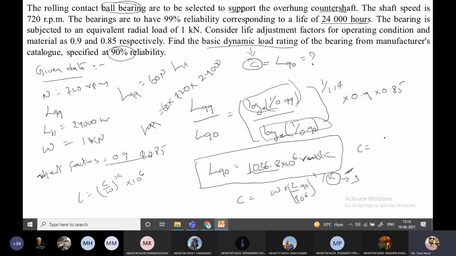So C value how much? The W value is given in the question as 1 kilonewton, so I am writing 1. L90 we got as 1036.8 into 10 to the power of 6 by 10 to the power of 6.